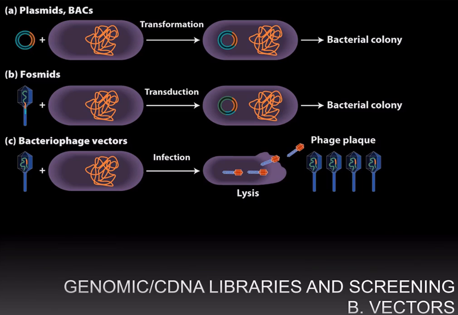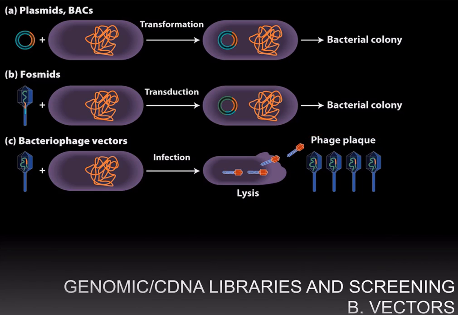So for the virus particles to enter the bacterial cell, but also to replicate inside the bacterial cell, and then to break open the bacterial cell, which is called lysis, and to form a plaque. And when you use bacteriophage vectors, you basically detect the DNA in these plaques.